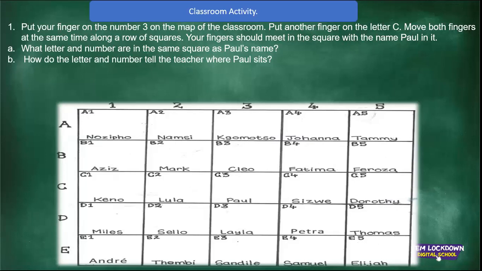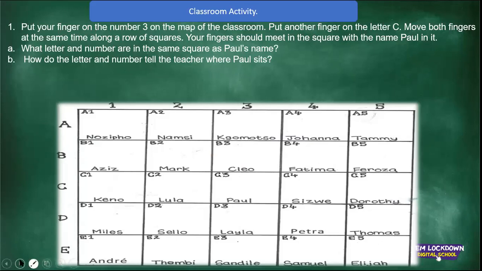By C3, yes. So guys, you are all correct. The teacher can tell where Paul sits by using the grid references, which is from C, and the teacher will also move to 3, and then the teacher will move down, and then the teacher will find the spot where Paul is seated. Thank you very much.